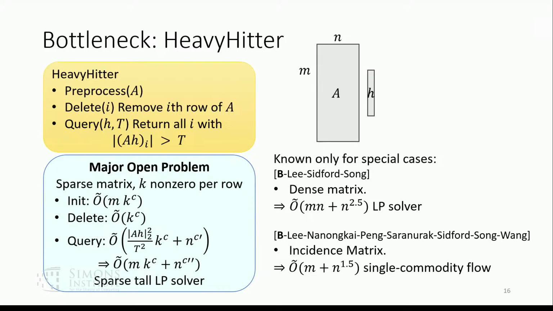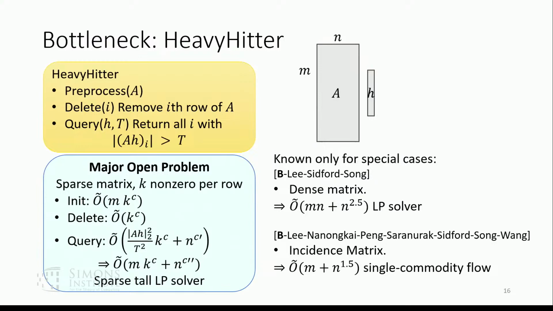There's also a data structure for the special case where your matrix is an incidence matrix. If it's an incidence matrix, you can also solve this efficiently. That immediately implies that any LP that uses incidence matrices like max flow, bipartite matching, and so on, can be solved in this near linear time complexity, assuming we have at least n to the 1.5 edges. So for special cases, we know how to solve it.